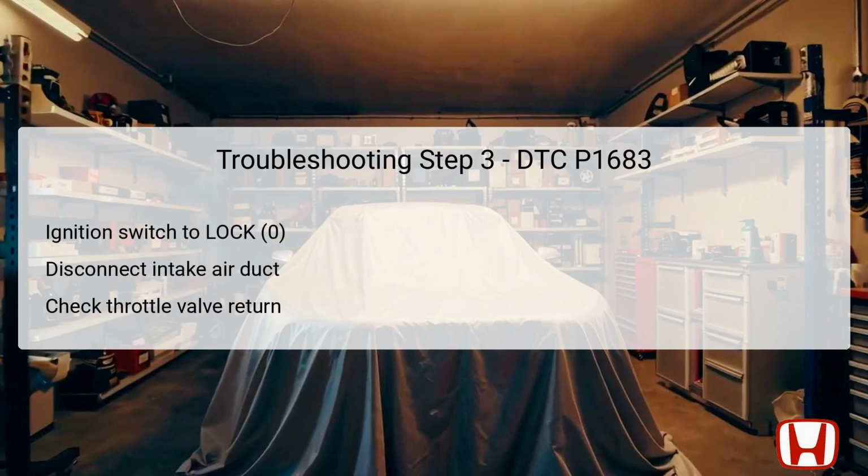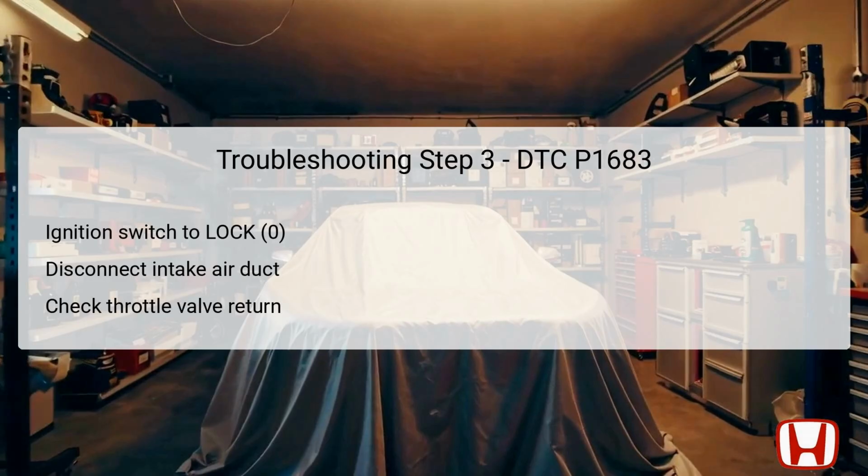For the next step in troubleshooting DTC P1683, turn the ignition switch to lock 0 to ensure a safe environment for the inspection. Proceed to disconnect the intake air duct from the throttle body carefully. This step is essential as it allows direct access to the throttle valve for manual testing.